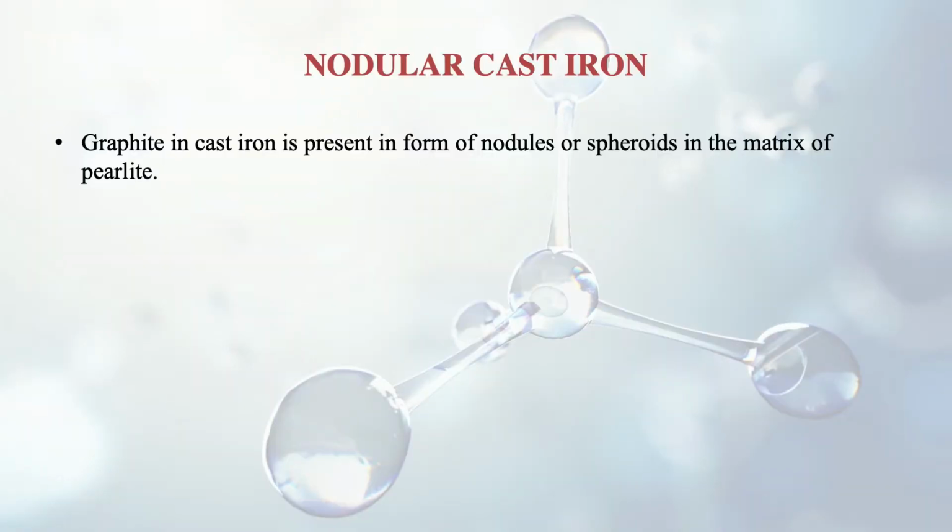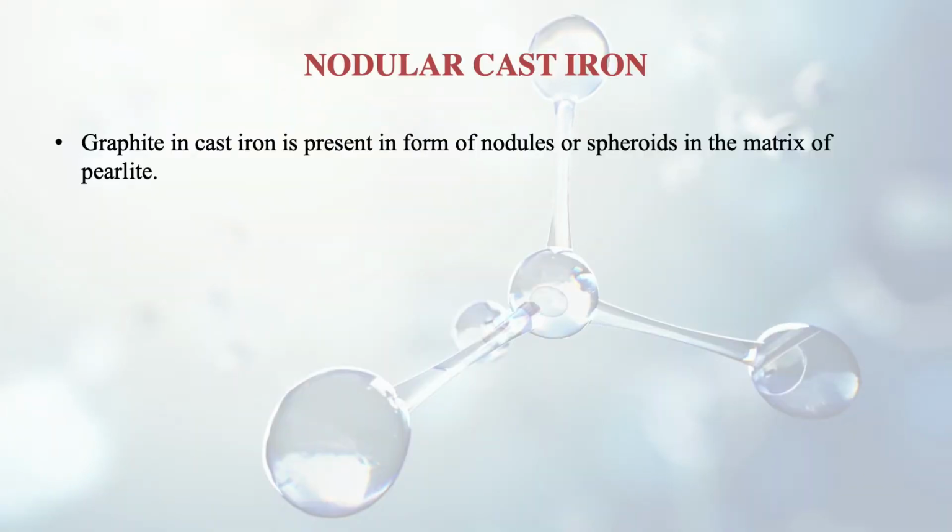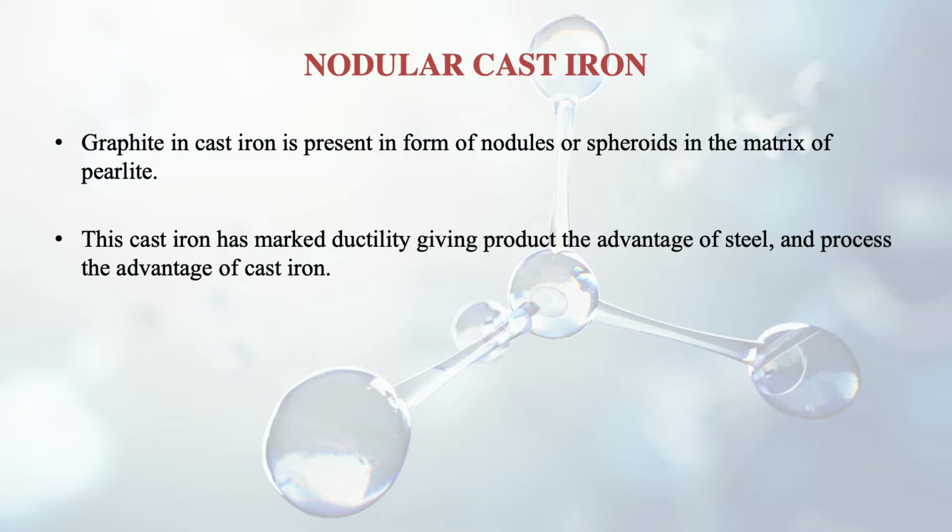Further, a very important type of cast iron we have come to is nodular cast iron. Here the graphite present in the cast iron is in the form of nodules or spheroids. Earlier, in grey cast iron, we studied the flakes. Now we do not have graphite flakes, we have nodules or spheroids, in a matrix of pearlite. So this cast iron has marked ductility.